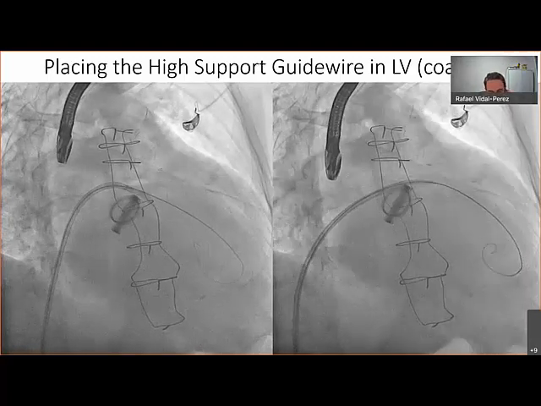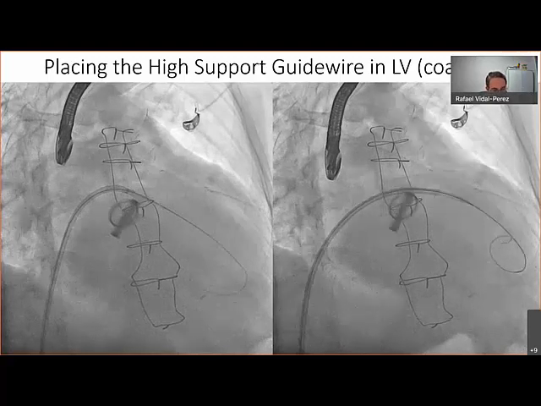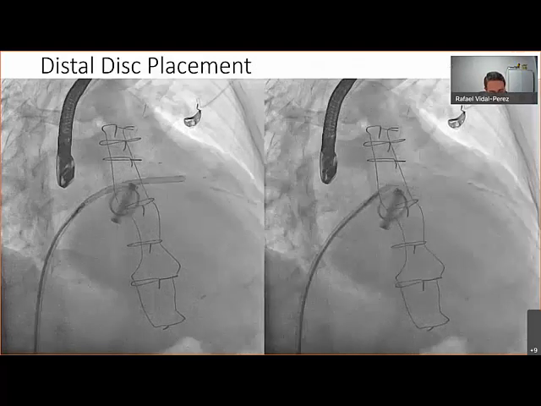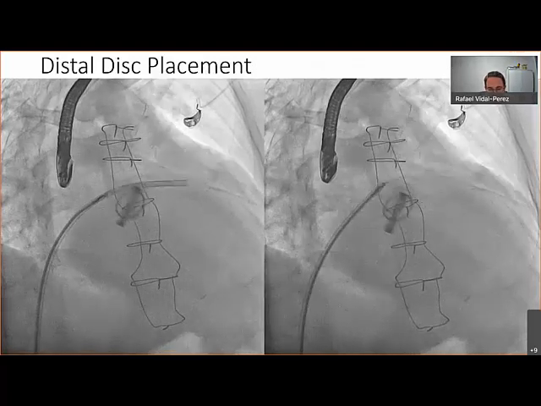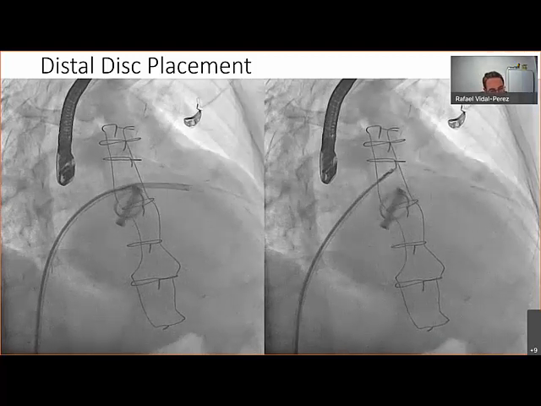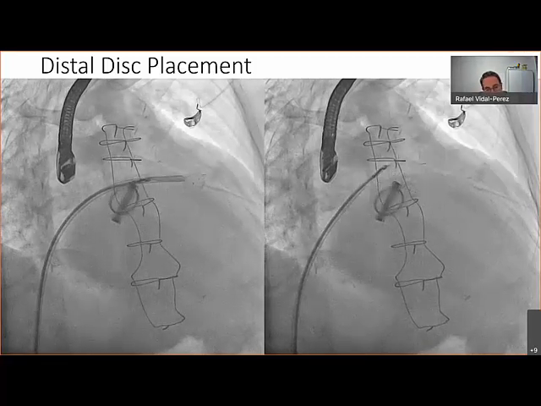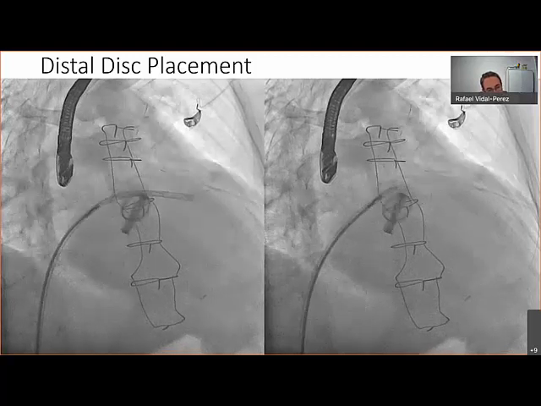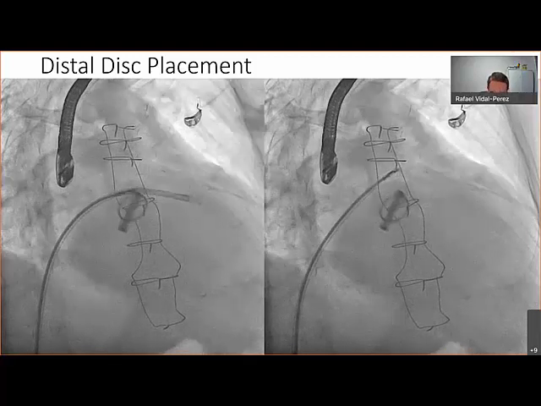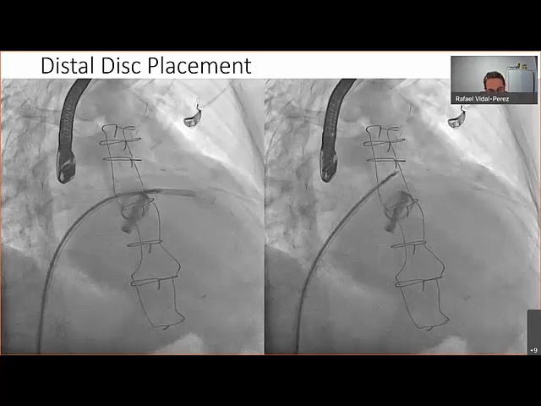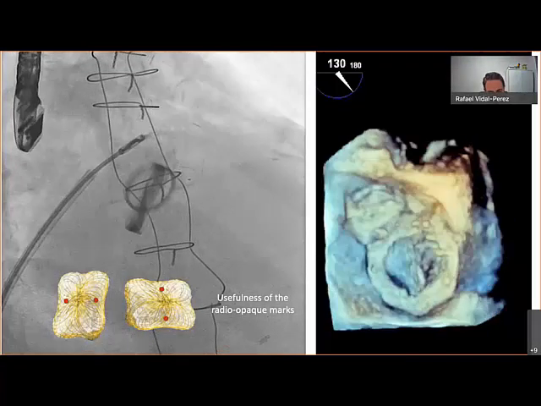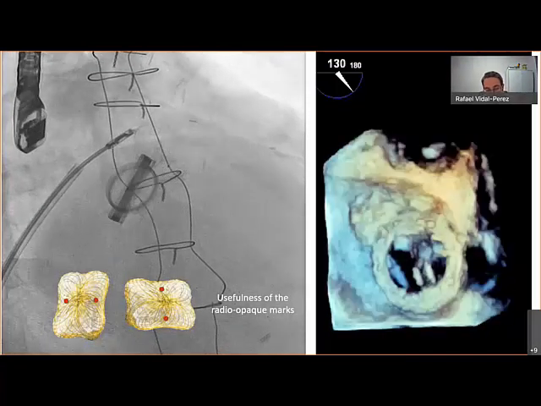We will discuss it probably on the management with the interventionalist in the next step of our session. Of course, we will see how the deployment of the device is performed. You can see on the left how the device is deployed, and then how it's very important also to take into account the marks of the device, because it's the way that we orient in the fluoroscopy.